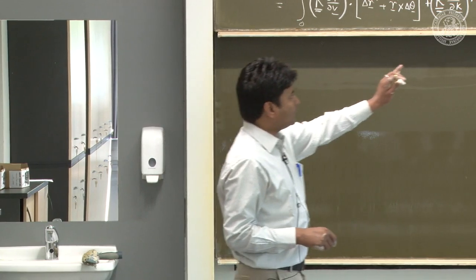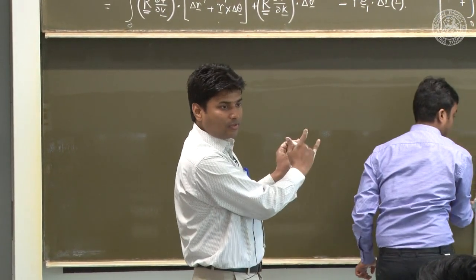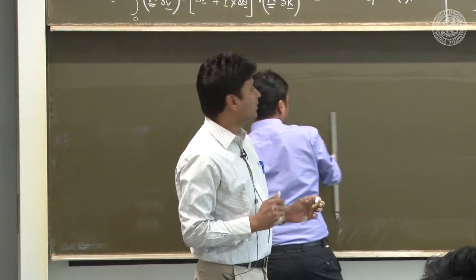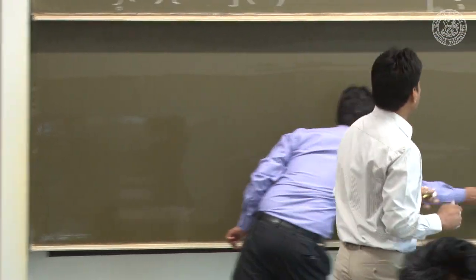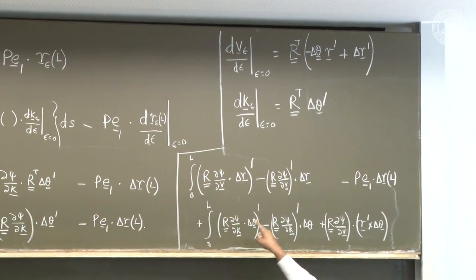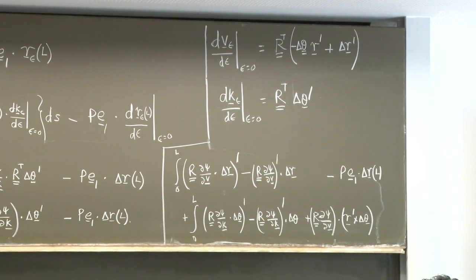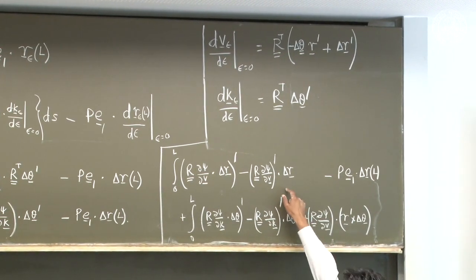Okay, now I want to keep the integral terms separate and boundary terms separate. You see this one, for example, the whole prime, it can be integrated, right, and you get boundary terms. But this one you can't integrate.